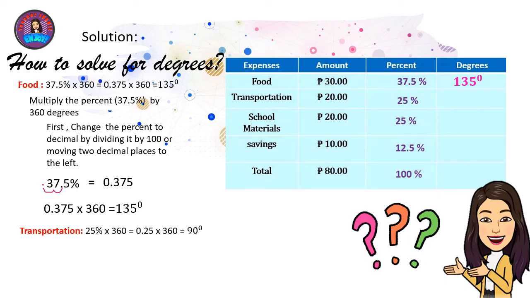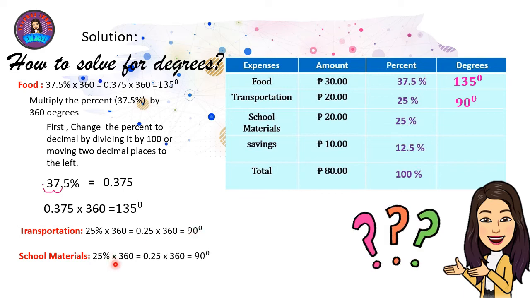Next, for transportation, we will do the same process. We will change first the percent to decimal. 25% becomes 25 hundredths, then multiply it by 360 degrees, we get 90 degrees. For school materials, 25%, change it to decimal form, we have 25 hundredths and multiply by 360 degrees, we get 90 degrees.